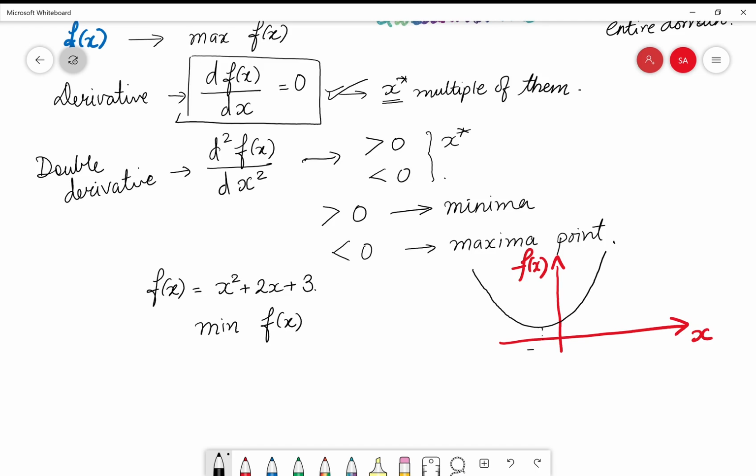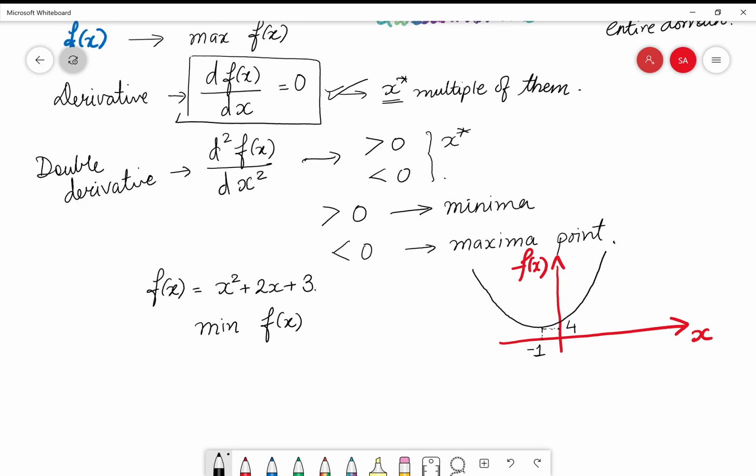At x is equal to -1, it attains a minimum value, and this value is equal to 4. Okay, you can verify that. So this is the minimum value, and on either side it is going to increase.